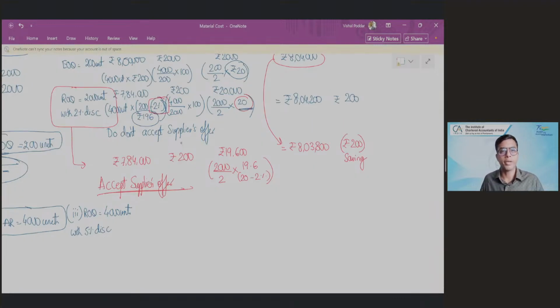I have a higher discount on 200 minus 5%. Now 200 minus 5% will make it 190. And now my cost will be much less.